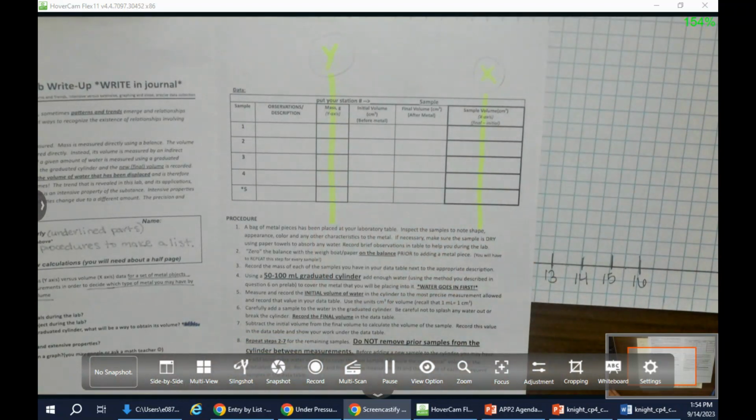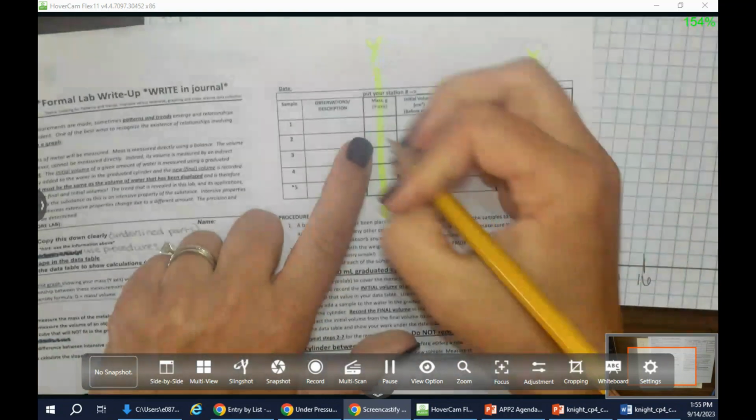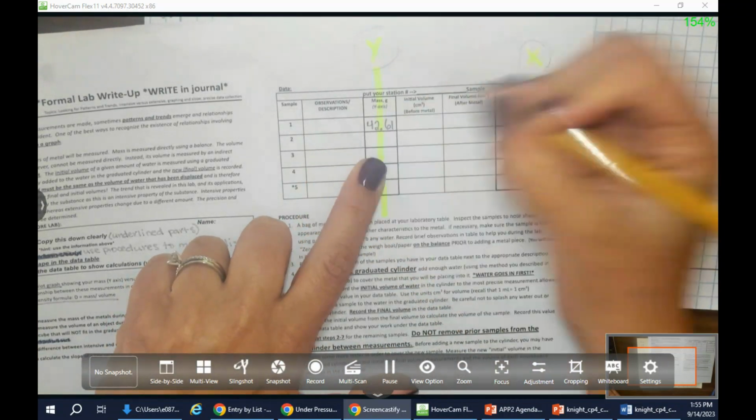So for example, I'll just go with the station that I did yesterday. I had 42.61 over here.